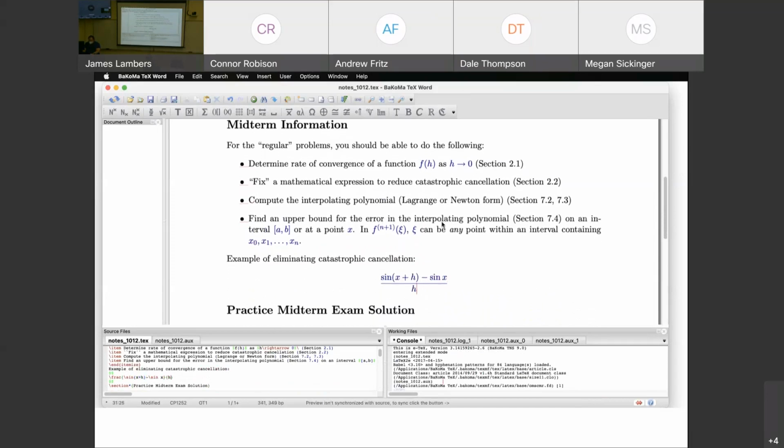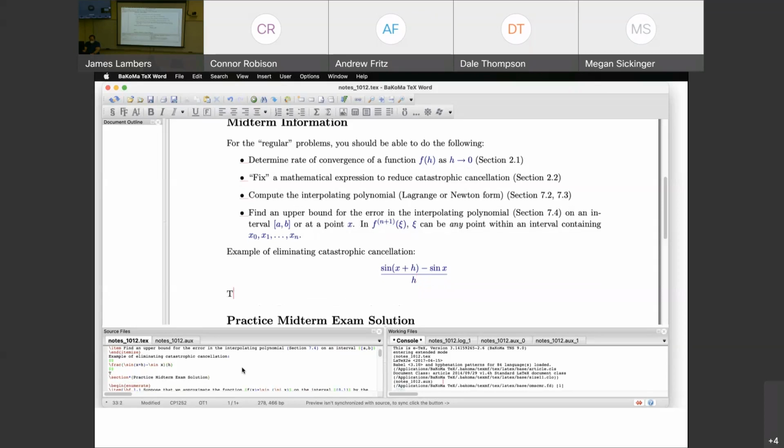So the difference quotient, sin(x + h) minus sin(x), over h. One aspect of the question is, when is there a risk of cancellation? So this suffers from cancellation error. Under what circumstance?